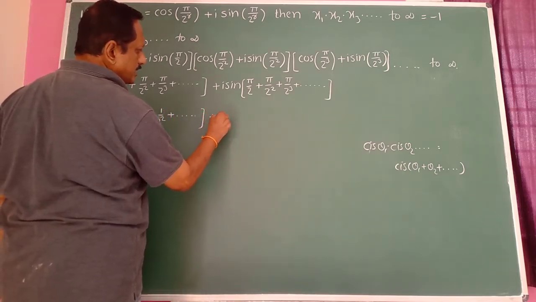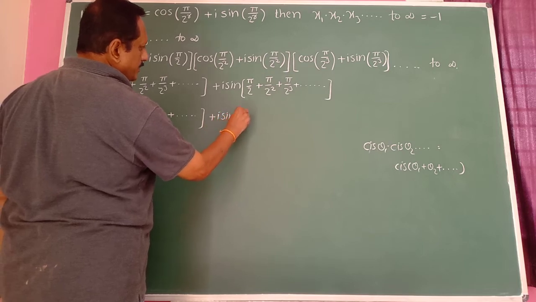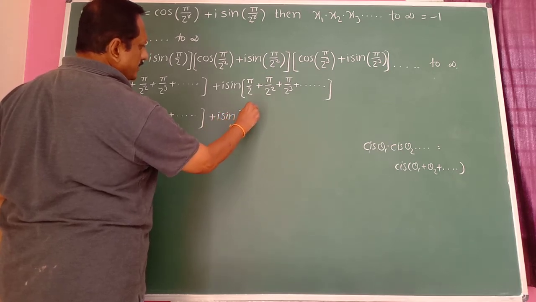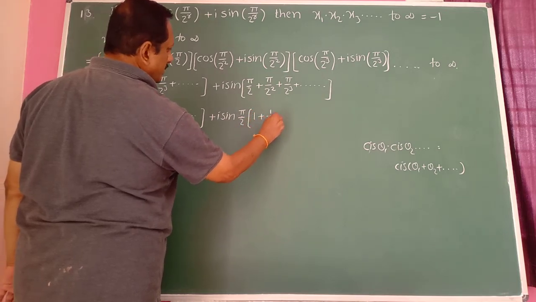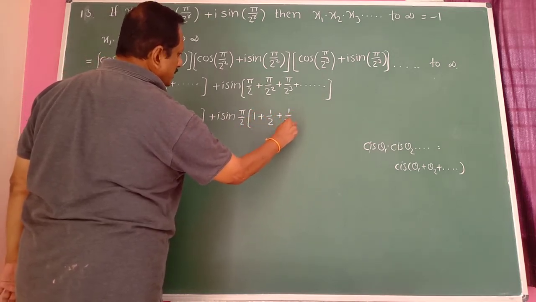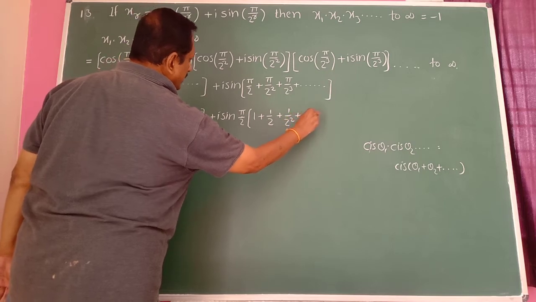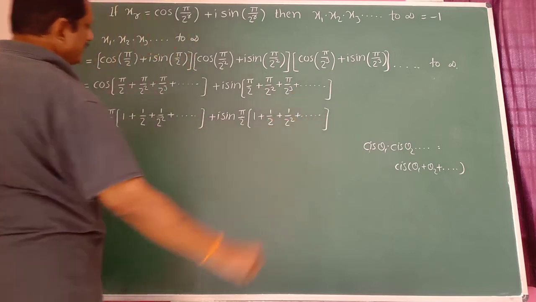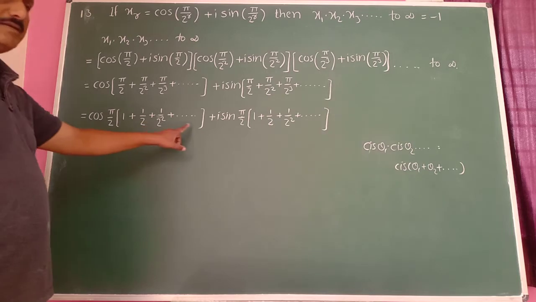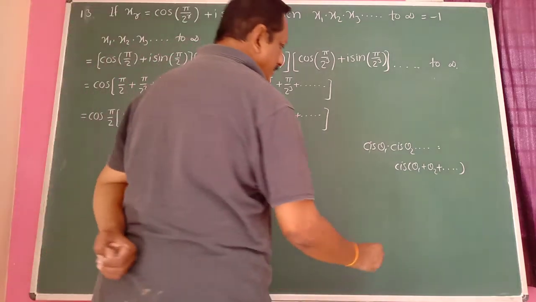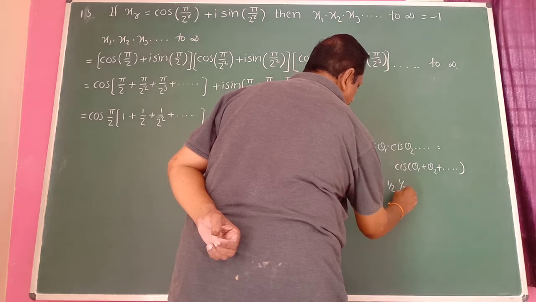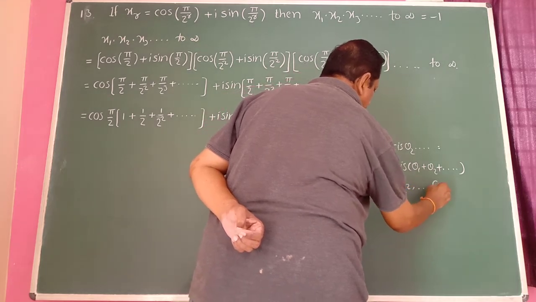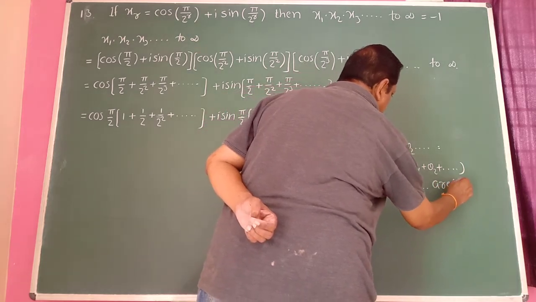Plus i into sine of pi divided by 2 as the common factor, then 1 plus 1 divided by 2 plus 1 divided by 2 square and continue like that here. So 1, 1 by 2, 1 by 2 square and so on are in the GP.